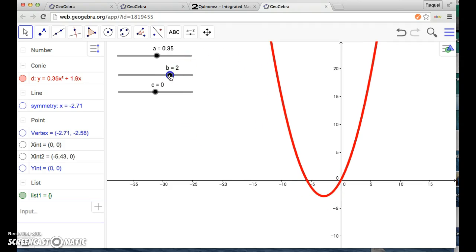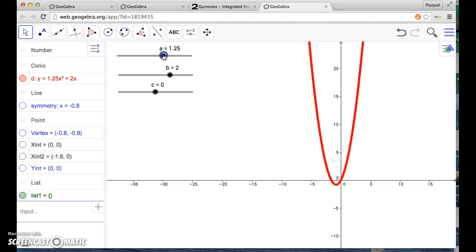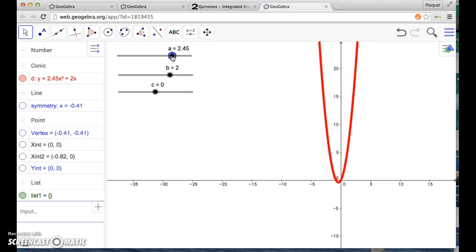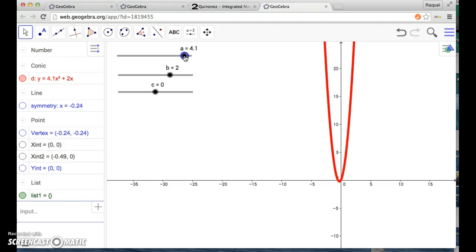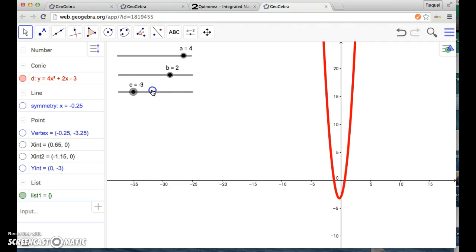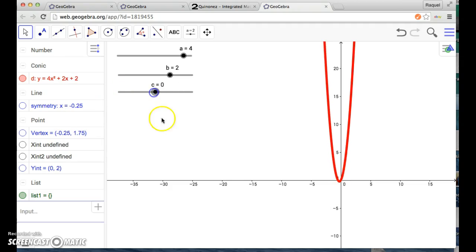Let me put B a nice even number, and we'll make it 4. C doesn't really matter for the axis of symmetry. See that? C just moves it up and down, but the middle is still the same.